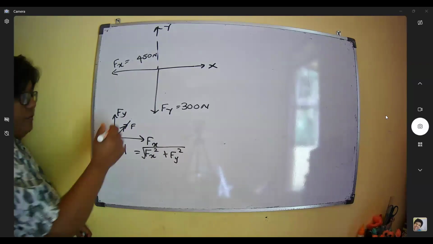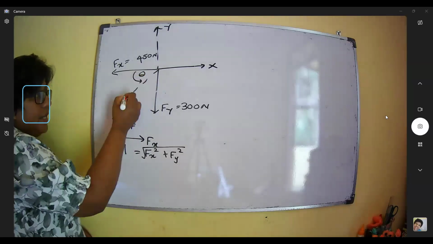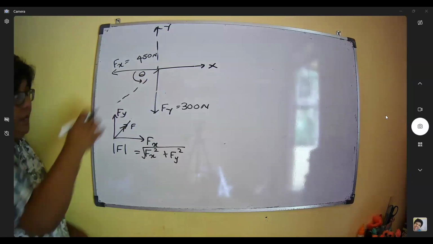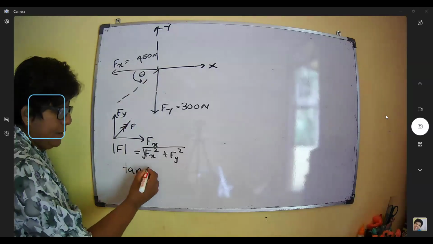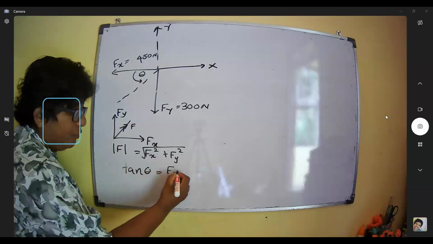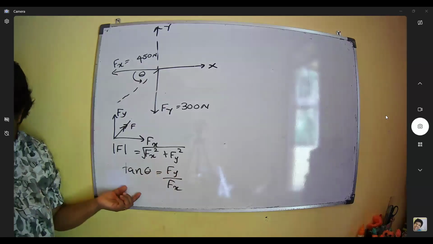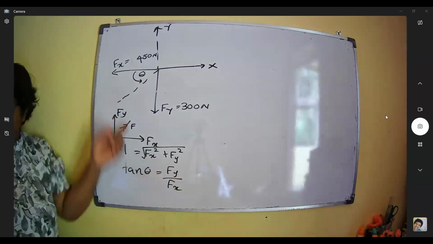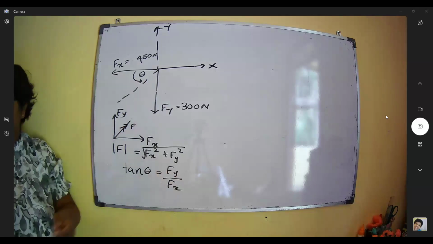And also we can find the direction. We can take theta as the angle made with the horizontal axis. Then tan theta is defined as Fy divided by Fx. I explained before, right? Now you can apply this theory to find the resultant vector and also the direction.